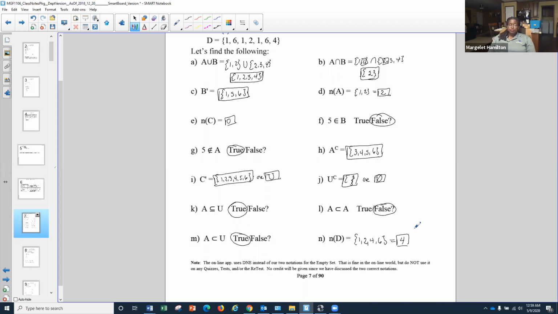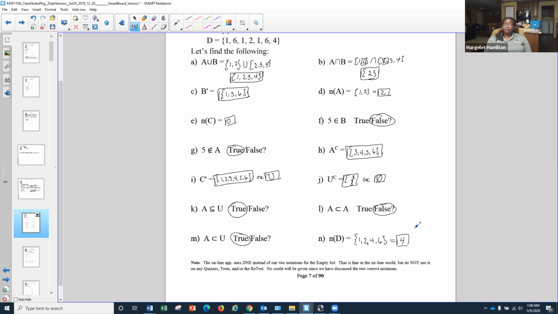Also note that the online application uses DNE instead of our two notations for the empty set. So right there, when we use our empty set symbols for J, on the homework, they'll tell you in the directions when you read it that if it is the empty set, use DNE for does not exist. All right? So just follow the homework there.